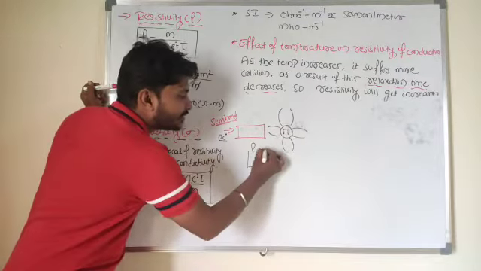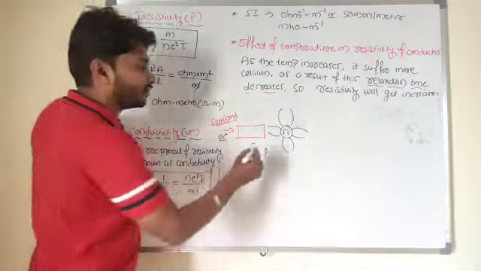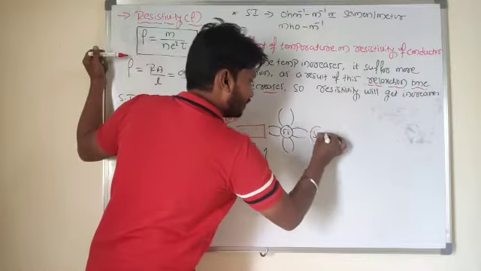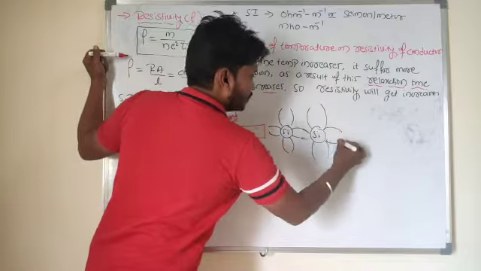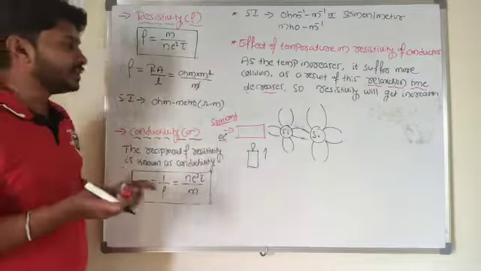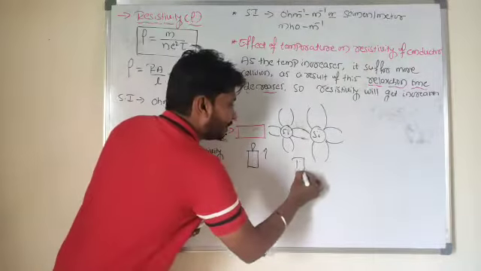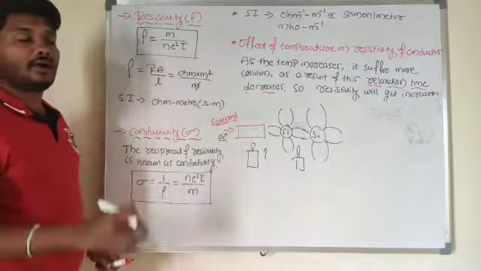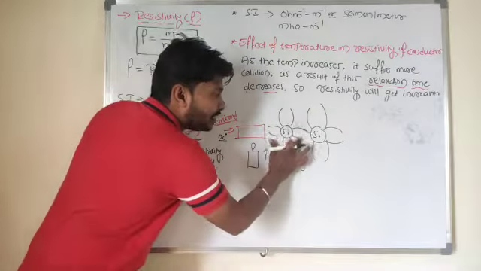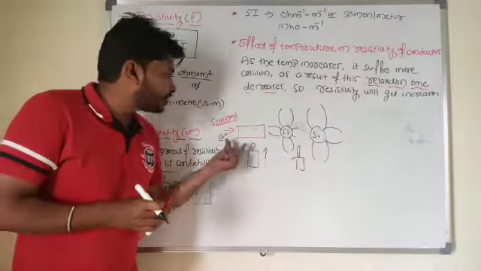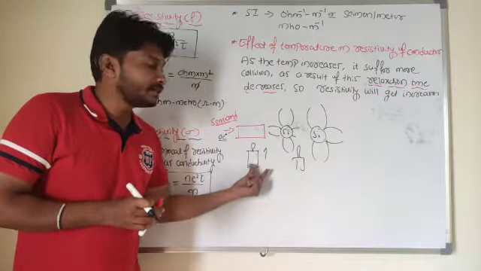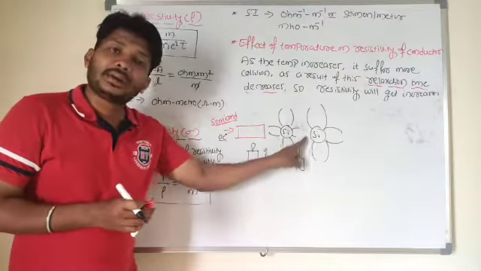As the temperature increases, what happens? For example, take silicon. It makes covalent bonds with its neighboring atoms. As the temperature increases, this covalent bond will break down. So as the temperature of the semiconductor increases, the covalent bond breaks down.